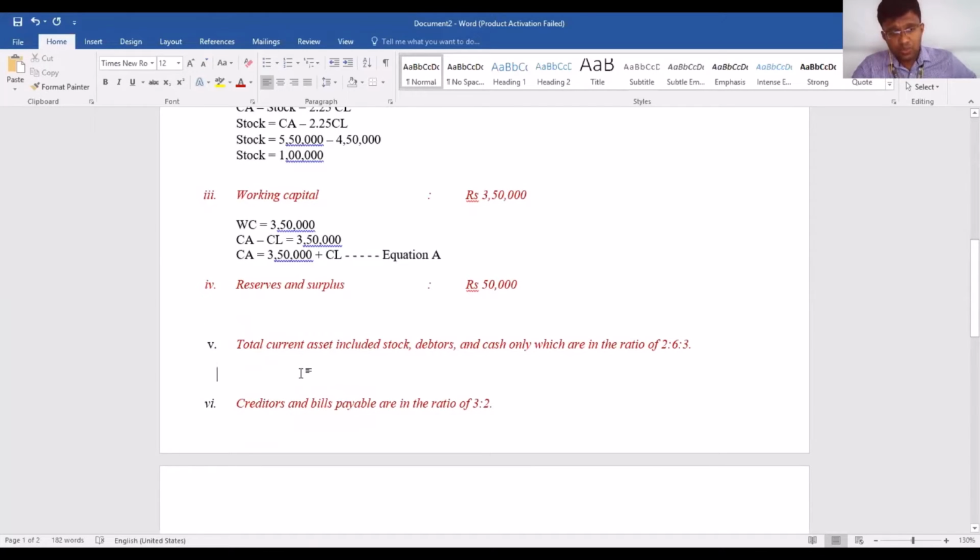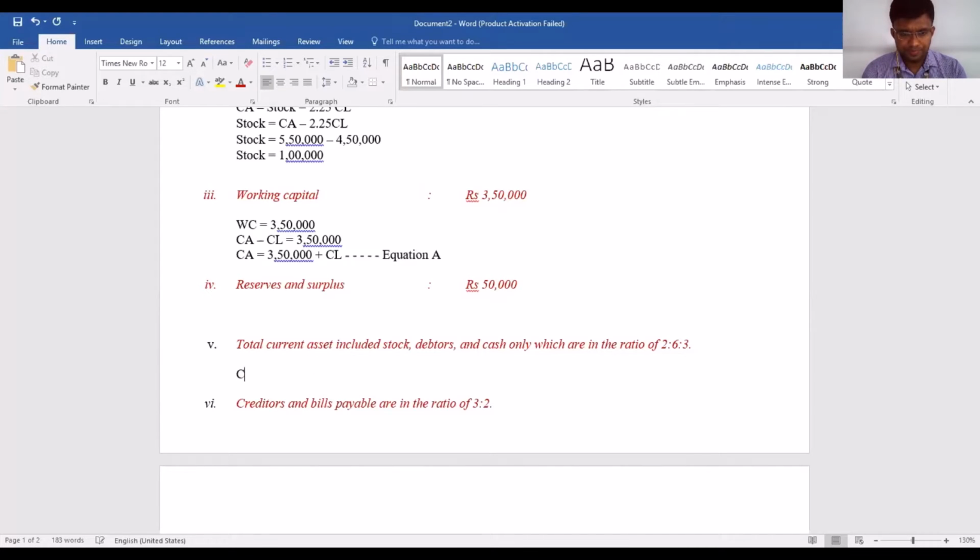Then what has been given to us is that current asset includes stock, debtor, cash, which are in the ratio of 2:6:3. So stock, debtor, and cash, which are included in current asset, are in this proportion.